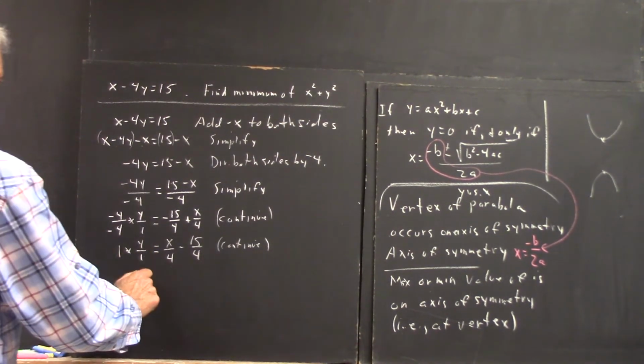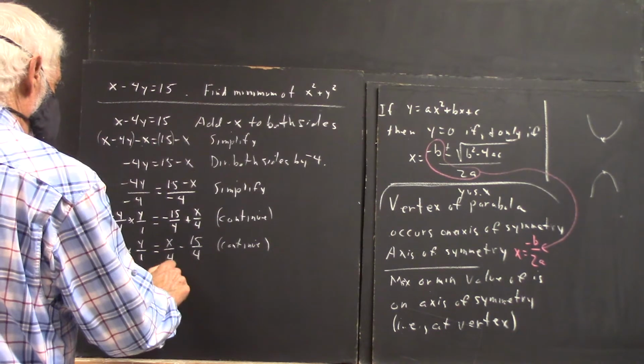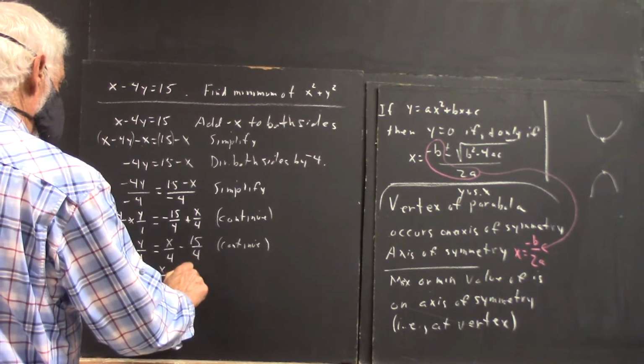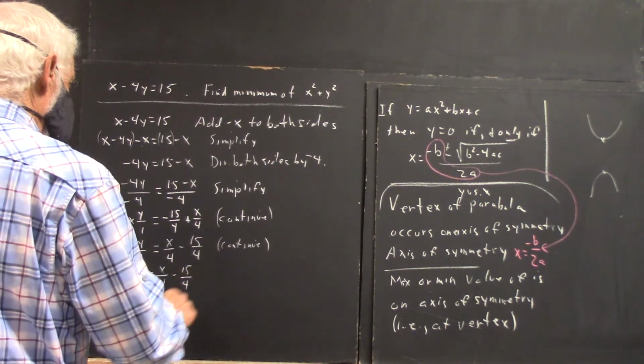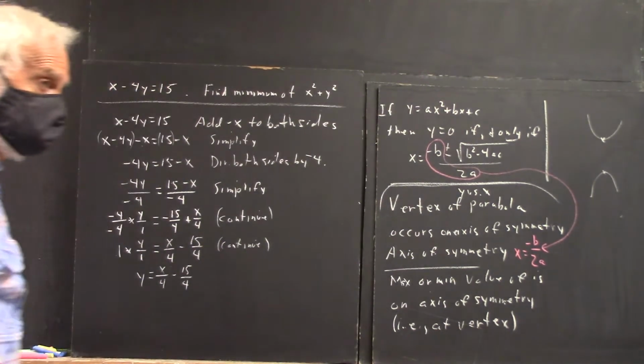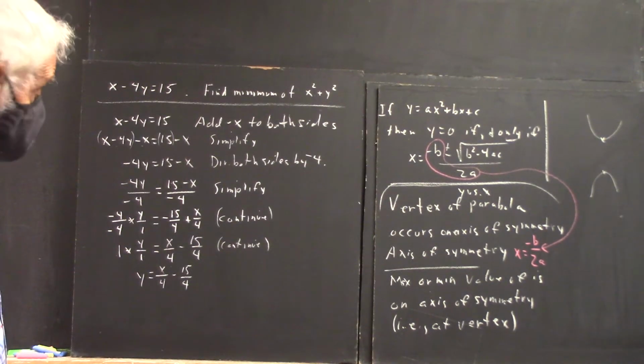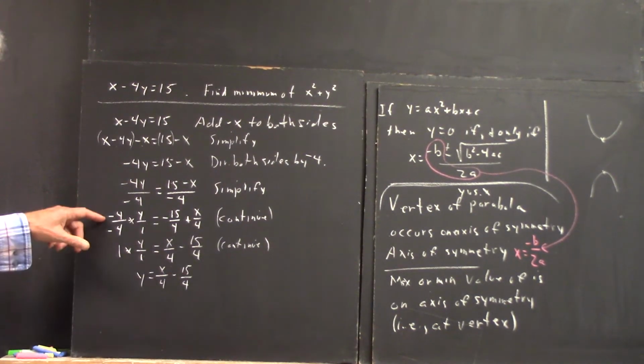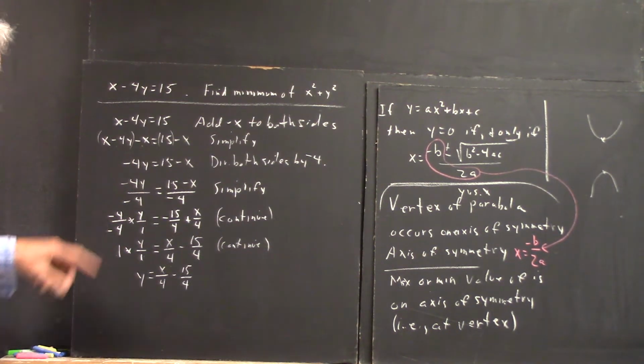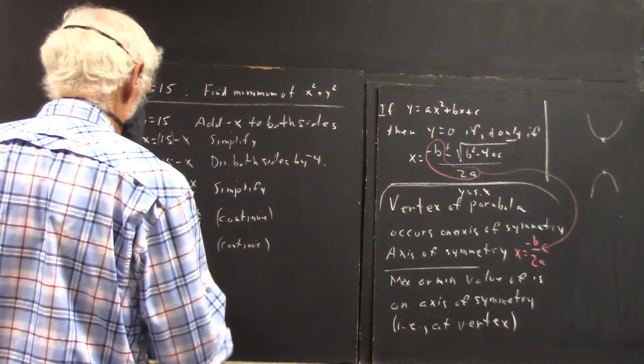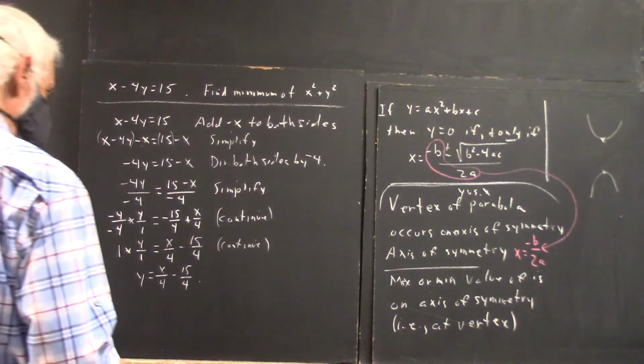And y over 1 is just y. So now we've solved for y without using cancellation. This is what cancellation means. Okay?